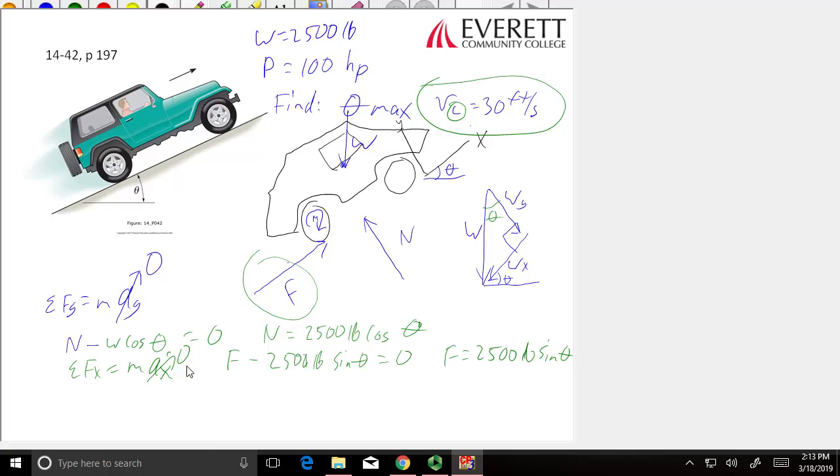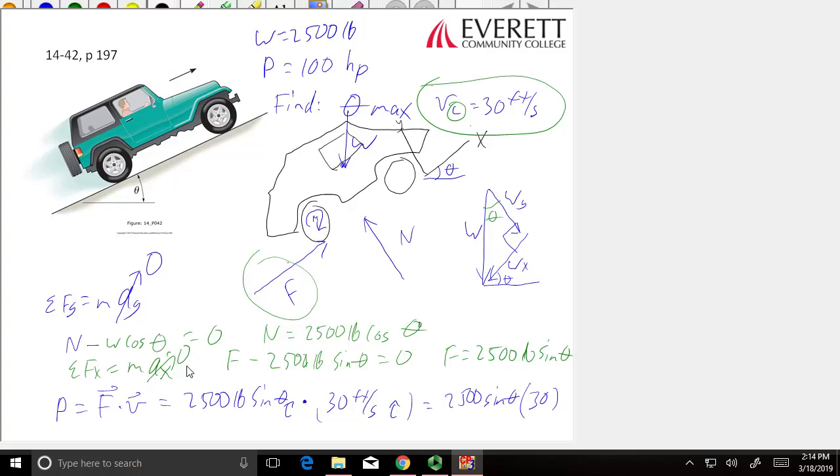And then we just do our dot product, which would be power is equal to F dotted with velocity, which would be 2,500 pounds sine theta in the i, dotted with 30 feet per second in the i, which is 2,500 sine theta times 30.